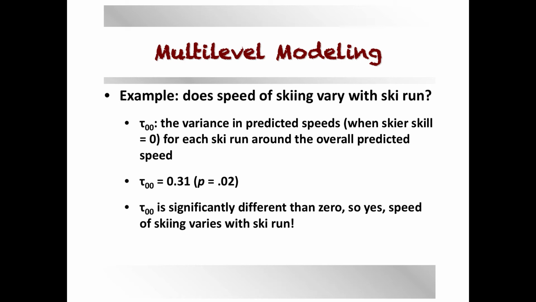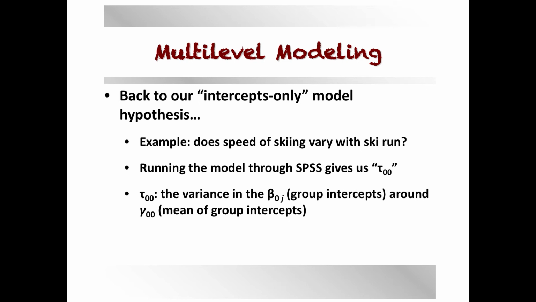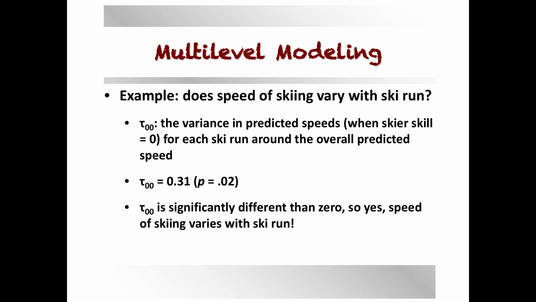Anyway. The tau 0, okay, so this is the variance of intercepts, and I'm just rephrasing this. So the variance of group intercepts is the variance in predicted speed when skier skill equals 0. That's what a group intercept is. When skier skill equals 0, that means that in your regression equation, the slope term cancels out, and all you're left with is the predicted speed when skier skill equals 0.